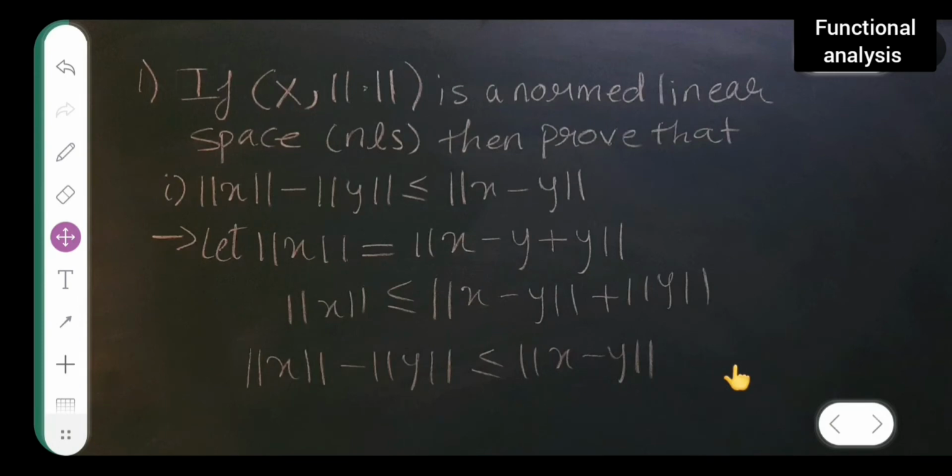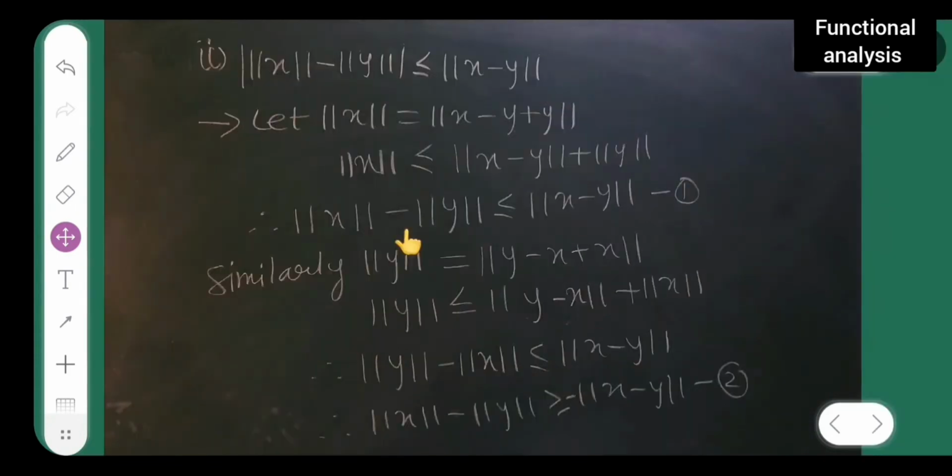So I'm done with the first one. Now I'll do the second one: modulus of ||x|| − ||y|| is less than or equal to ||x − y||.